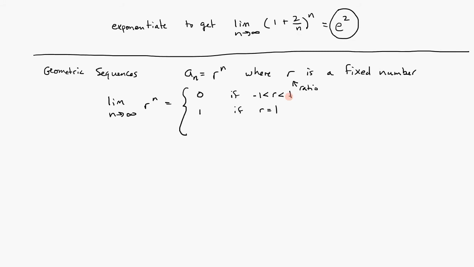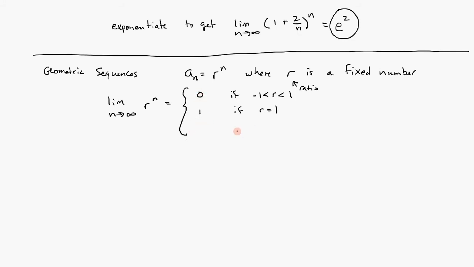If r was between minus 1 and 1, so r would be a fractional value, then as n gets bigger and bigger, what we're doing is we're repeatedly multiplying by r. And because r is a fractional value, repeated multiplication by r will make the number smaller and smaller. So as n goes to infinity, the number will get smaller and smaller until it goes to 0. So that's why this is equal to 0.